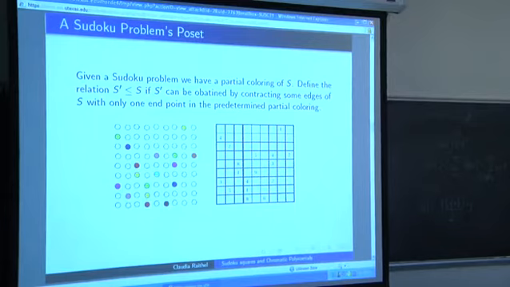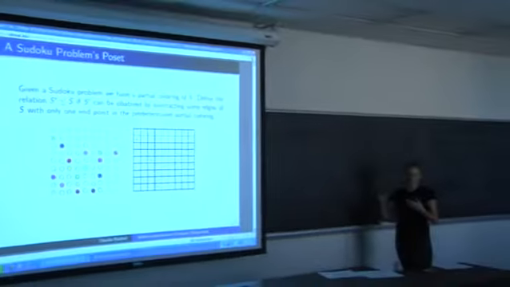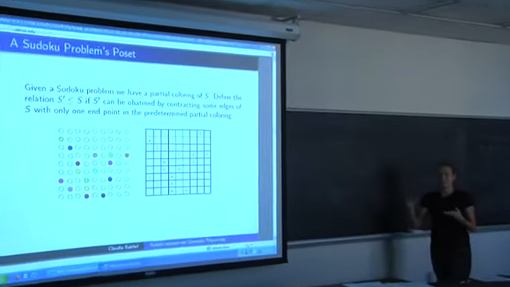Okay. So the poset that we're going to be talking about is going to be different for every Sudoku problem. The allowed operations are that you can contract an edge in your Sudoku graph as long as one of its vertices lies outside of the predetermined coloring.